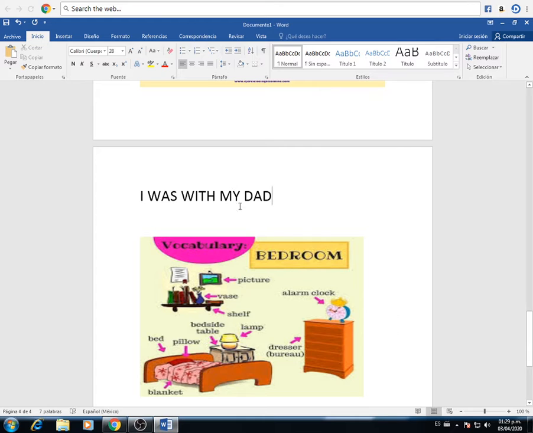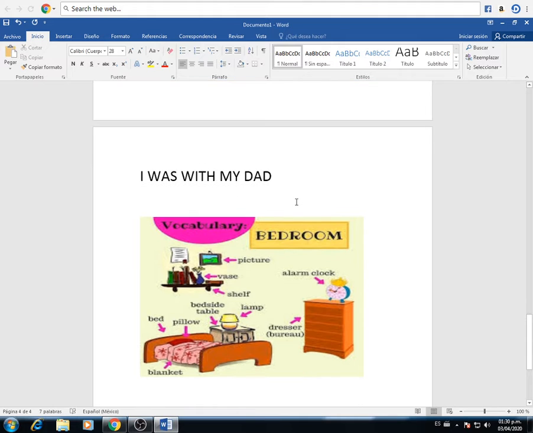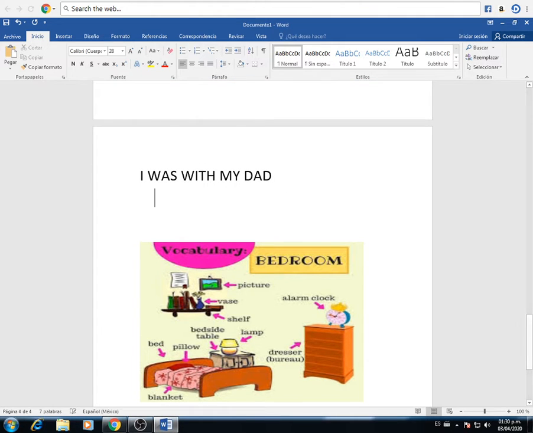In this case, the auxiliary be you put in past. You don't need the auxiliary did. Example, it's incorrect that you write I did. No, that is incorrect. The correct form is I was with my dad.